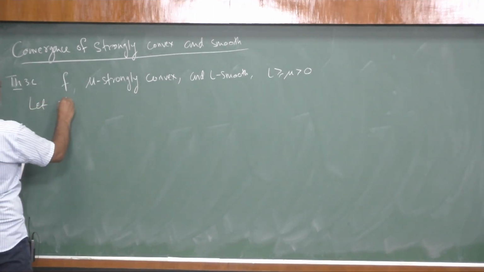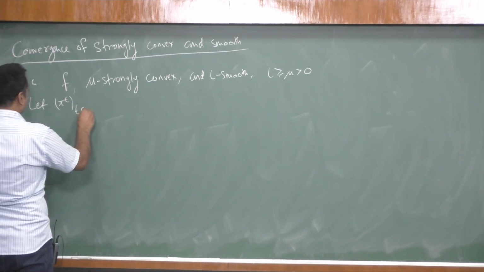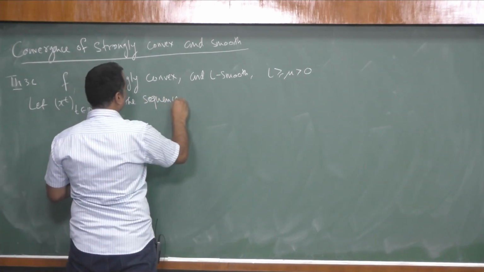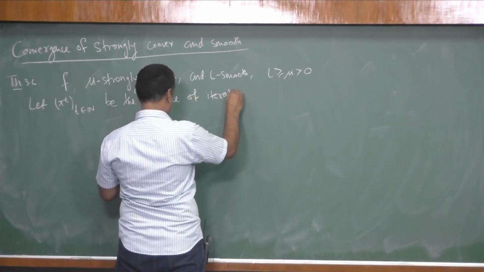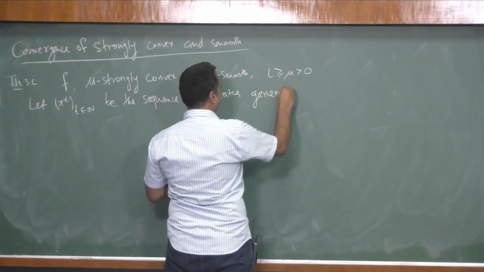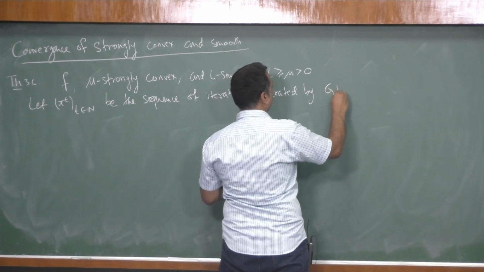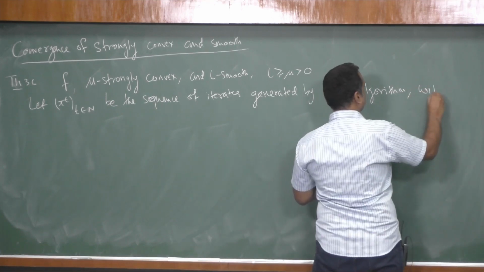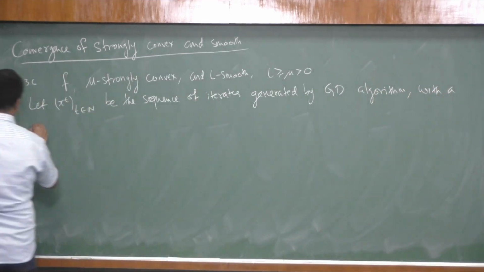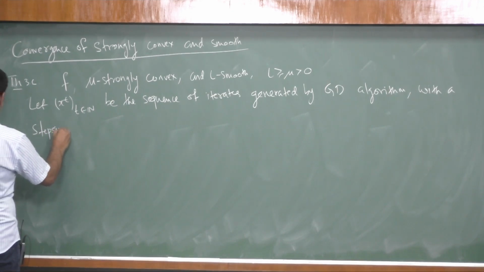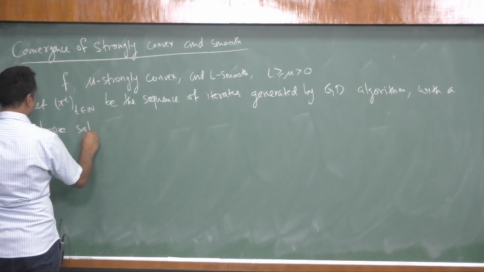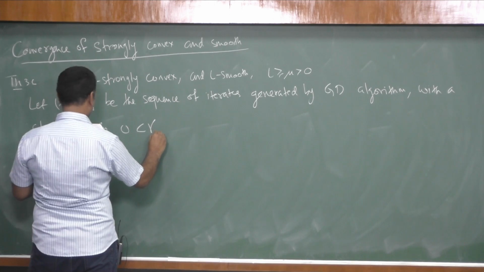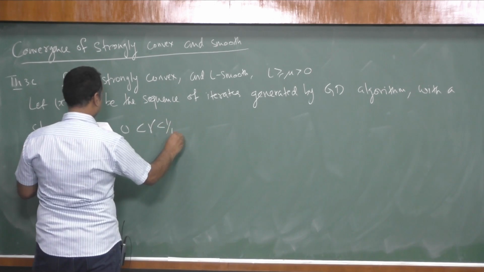Let xt be the sequence of iterates generated by gradient descent algorithm with a step size satisfying 0 less than gamma less than 1 over L.